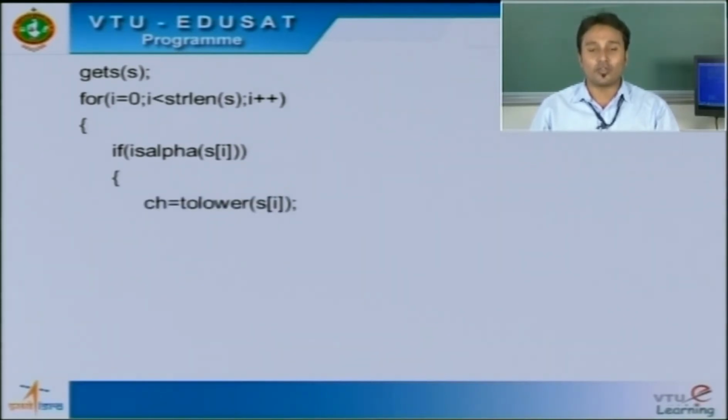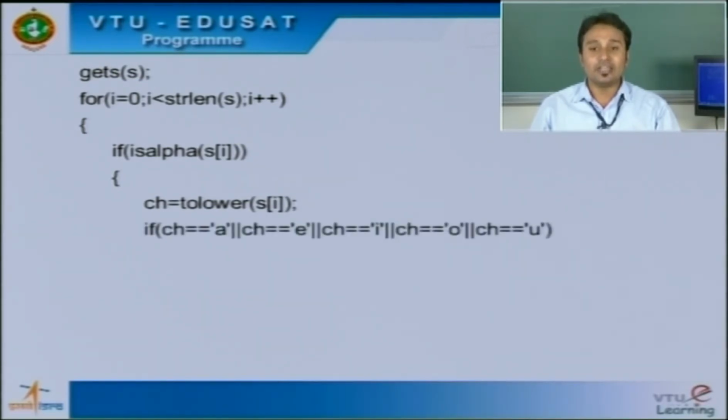Next we have one more very important function known as tolower of s[i]. We use this tolower of s[i] in order to convert the complete input string to lower case, and each and every character is checked with all the available vowels such as a, e, i, o and u.